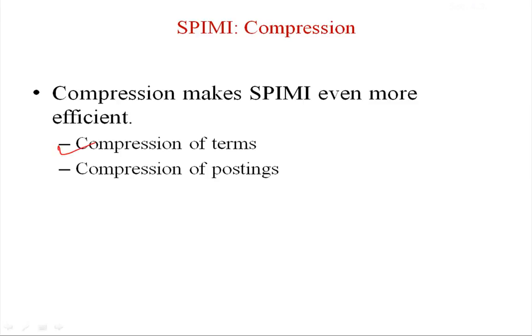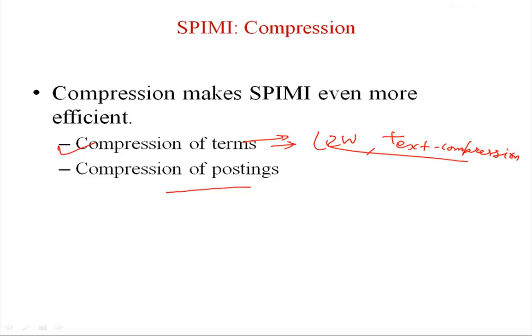We can use a lot of compression techniques like LZW or other text compression techniques to minimize the space required by terms, and it will reduce the memory requirement, and then it can increase the block size, and finally we can improve the efficiency or speed of the algorithm. Compression of postings: we can also compress the postings.